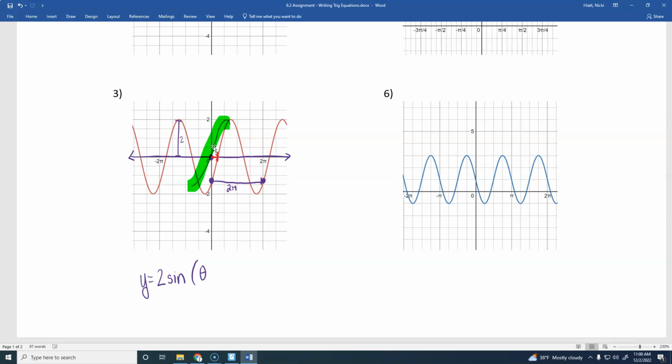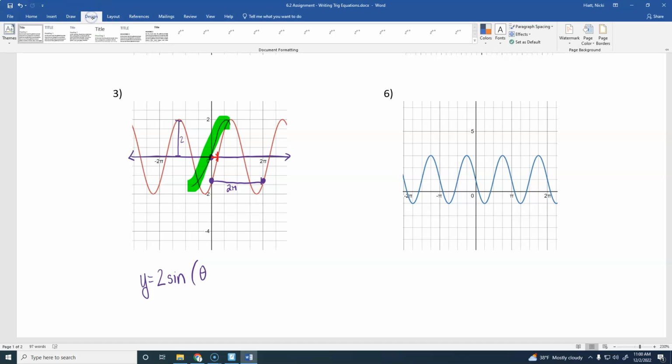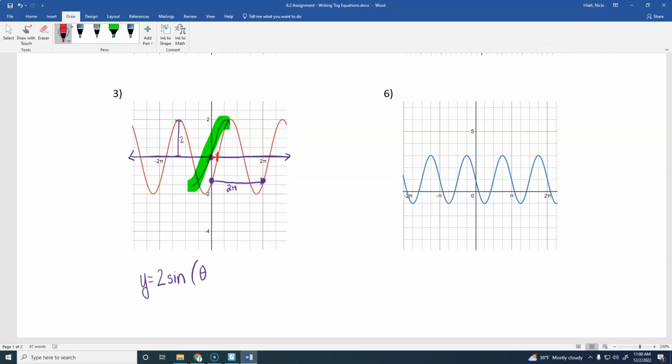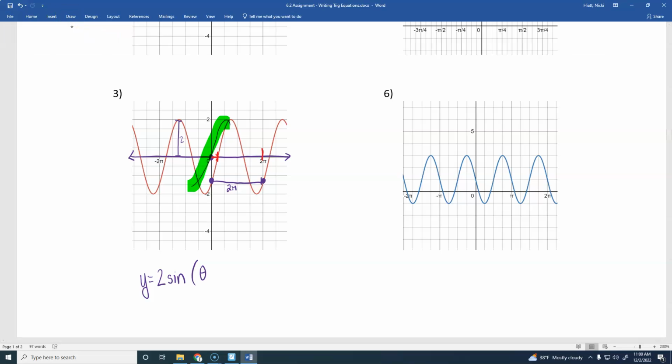All right, so Caleb says maybe pi over 3. I don't think that's right. Okay, let's think about it here. This right here is 2 pi, and there are 4 blocks to get to 2 pi. So if I'm taking 2 pi and dividing it by 4, each one of those little tick marks is pi over 2.